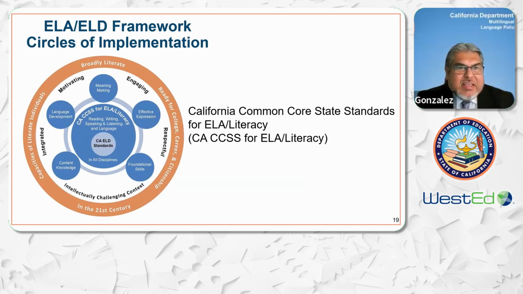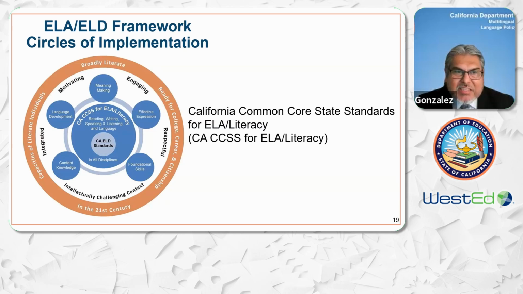On this slide, you see the ELA/ELD framework circles of implementation. The circles of implementation set the context for the implementation of the standards so that students can reach the overall goals of ELA and ELD instruction. By the time California students complete high school, they have developed readiness for college, career, and civic life.